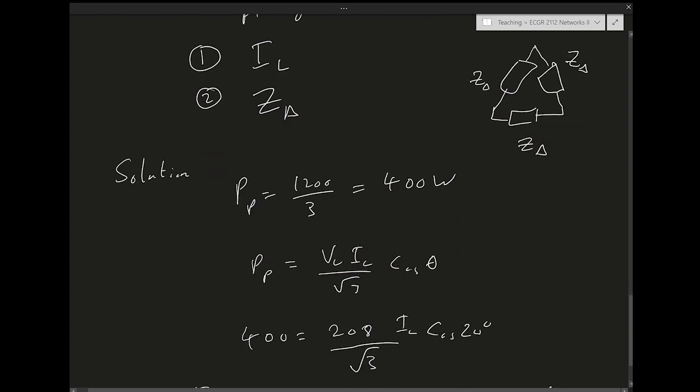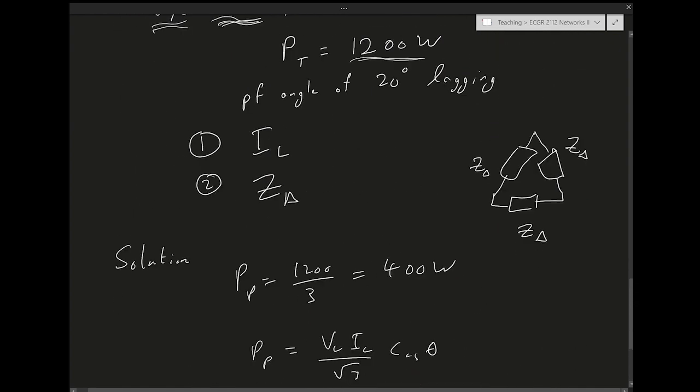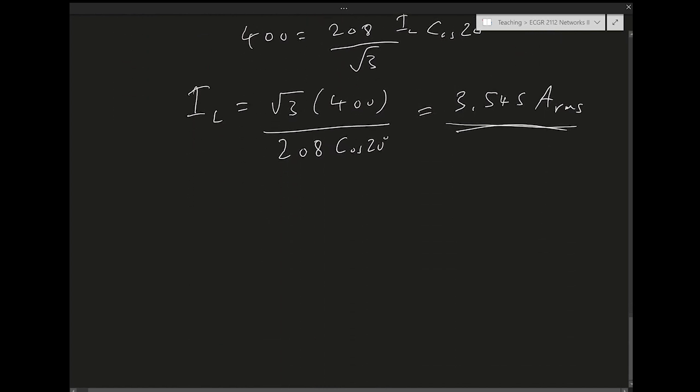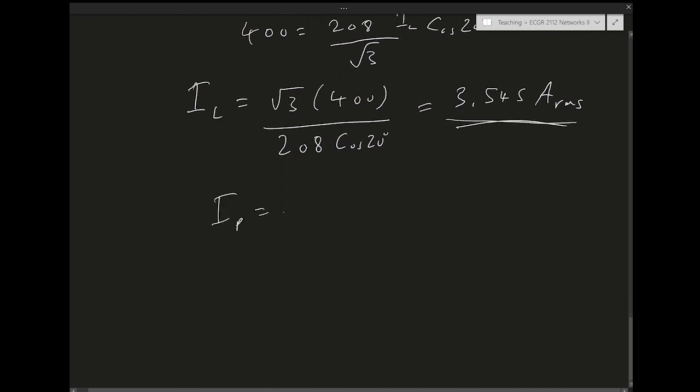The second part, well, we want to calculate the impedance. To calculate the impedance, here we know VL. It will be helpful if we know I delta, right? Which is IP here in this case, for the load. So that we can divide VL by I delta to get Z delta, right? So IP, which is the same as I delta, we established last time that that equals IL over square root of 3, right?